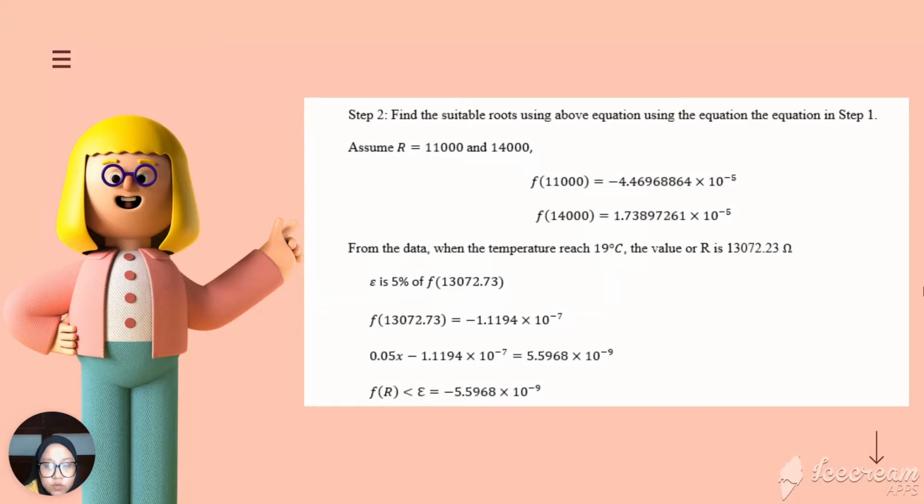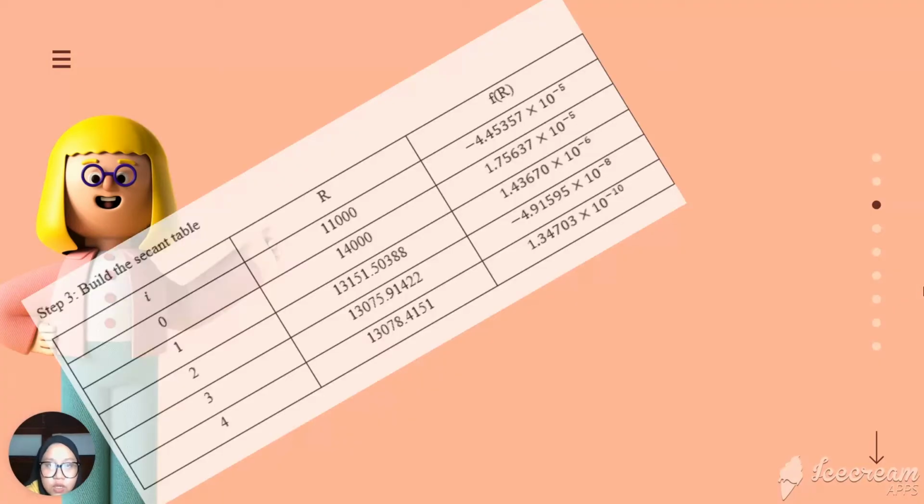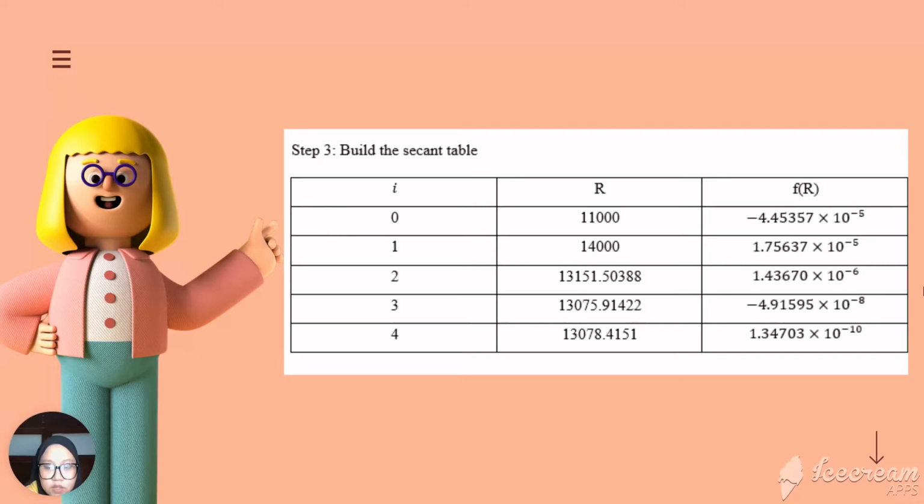For step 3, we need to build the secant table, which has the values of R for iteration 0 and 1. We get them from the values that we assumed for R, and f(R) we get from the equation after we substitute the value of R into it. For iteration 2, we get it from the formula, which is a multiplied by d minus b multiplied by c, divided by d minus c.